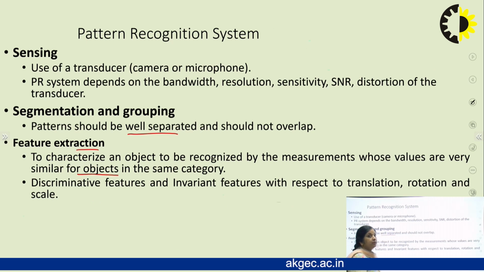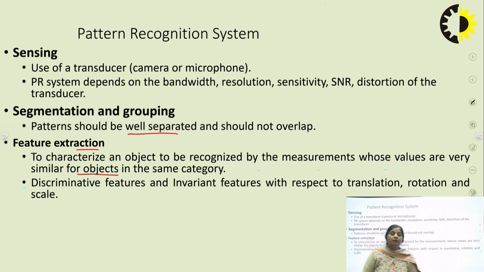And invariant features: the feature extraction is very important, because based on this only are we able to classify. Invariant features means that if we enlarge an object or rotate an object, it is still the same object.